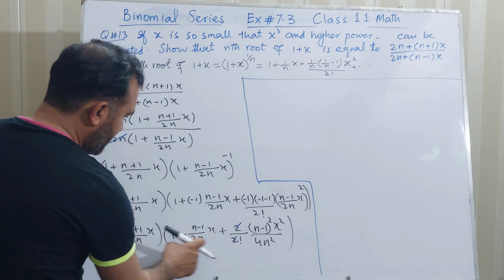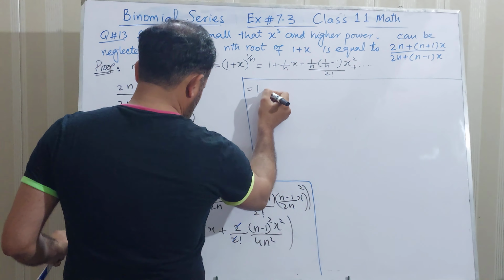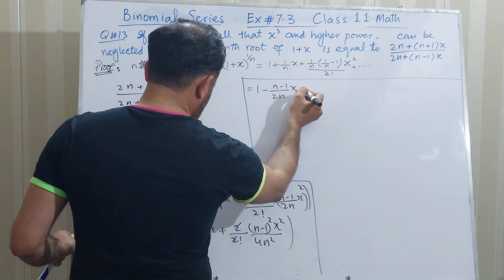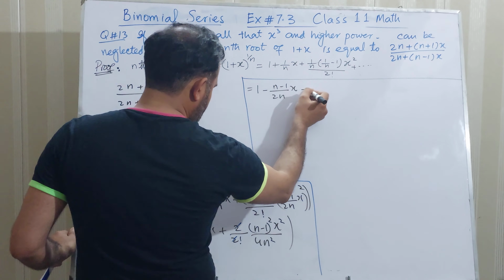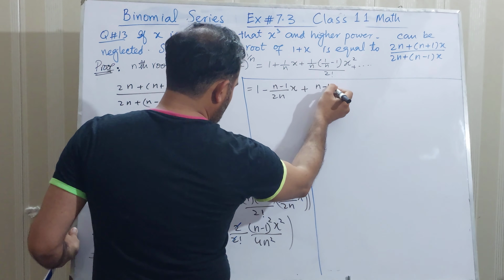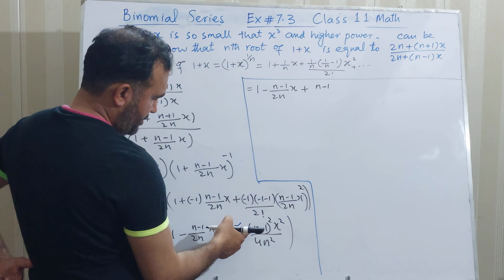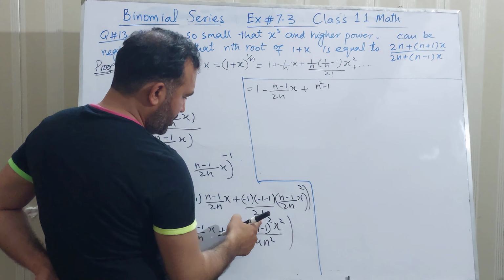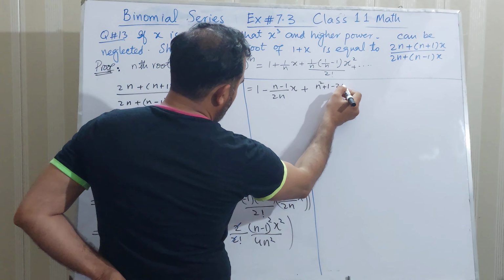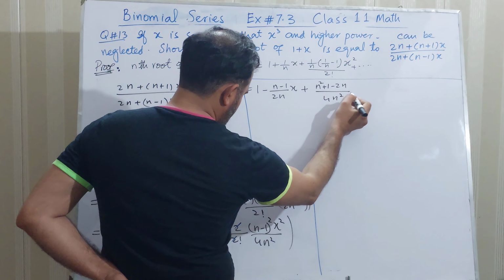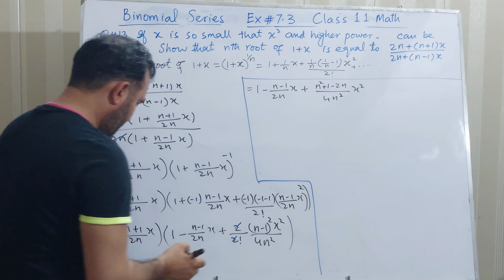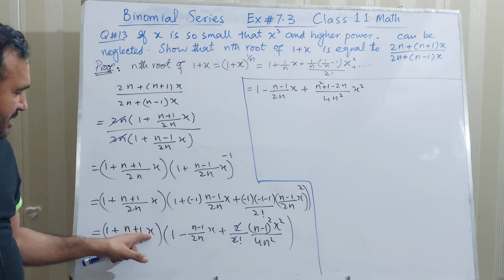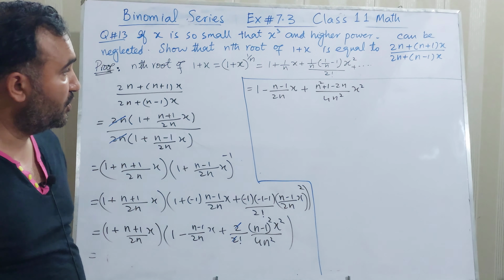So 1 is going to multiply with every term, so it will be 1 minus (n minus 1) divided by 2n x, and then plus (n minus 1) squared, which is n squared minus 2n plus 1, minus 2n, divided by 4n squared x squared, okay? And now we are going to multiply this term with these two only, because if you multiply this x with x squared, it will become x cubed, which we don't need over here.